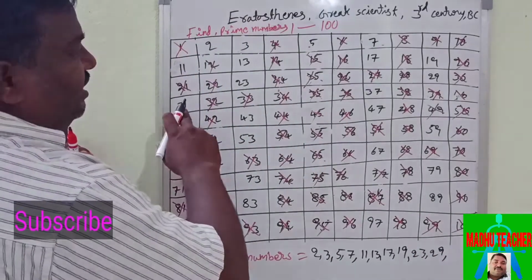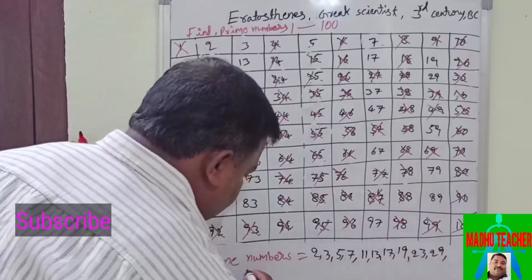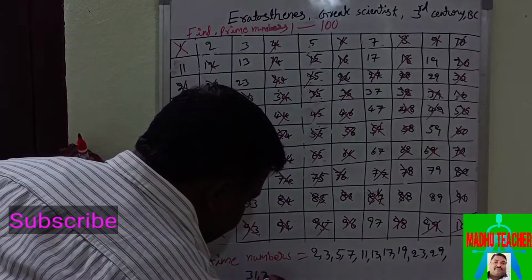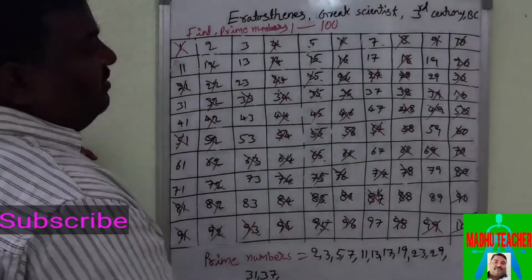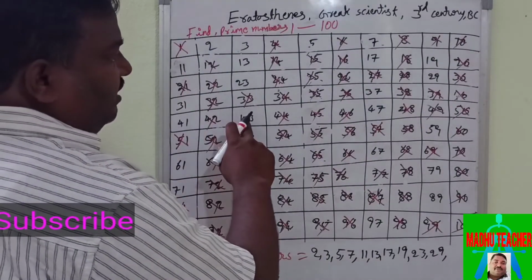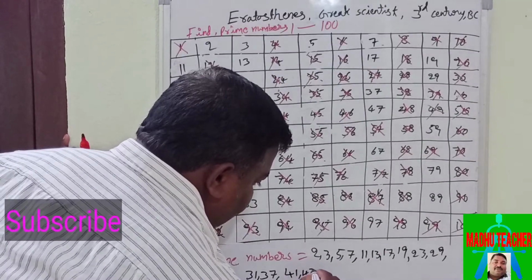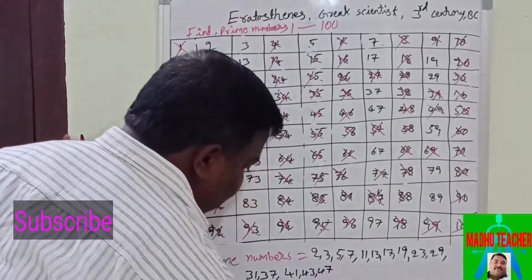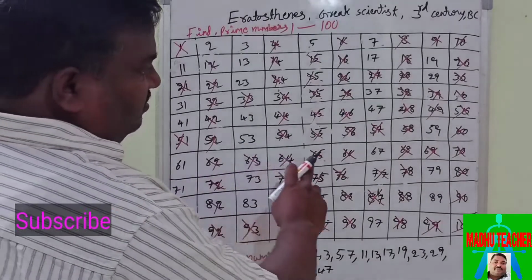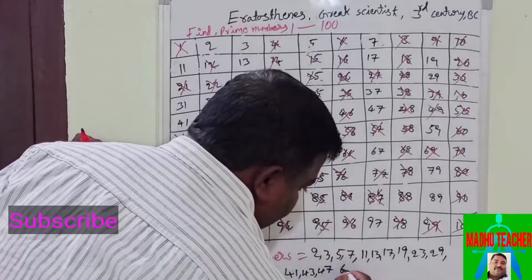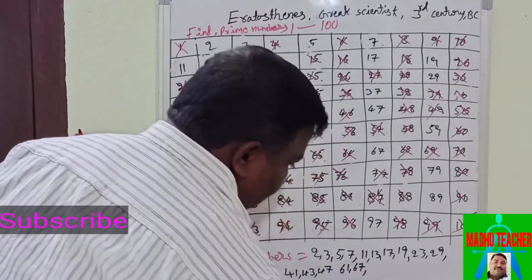Next line: 31, 37. Next line: 41, 43, 47. Then 61, 67.